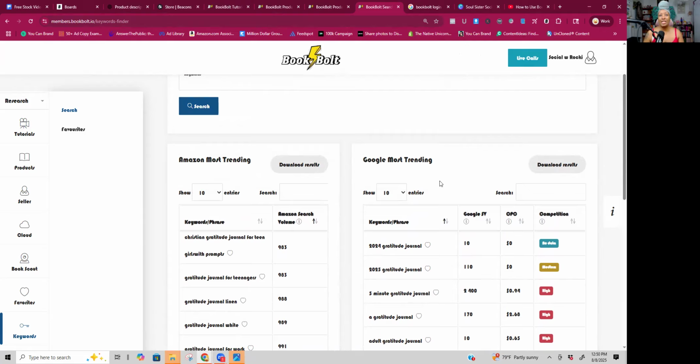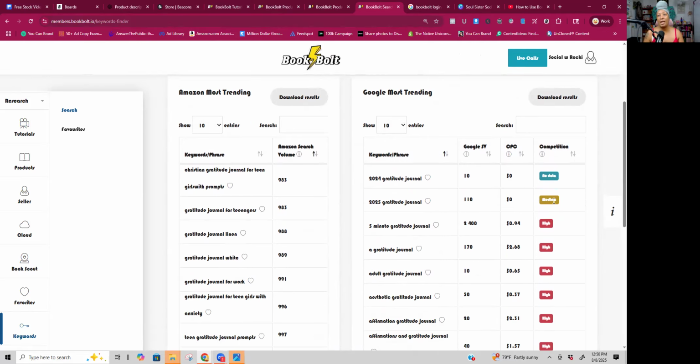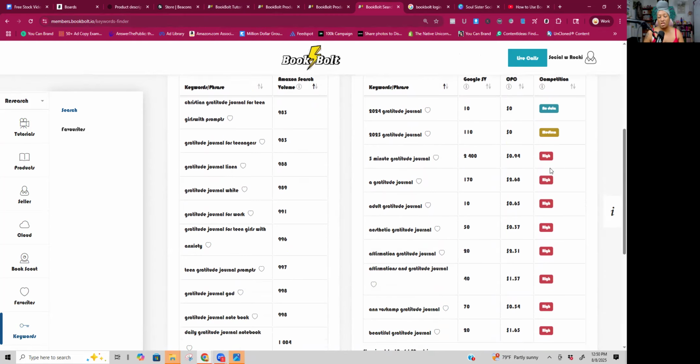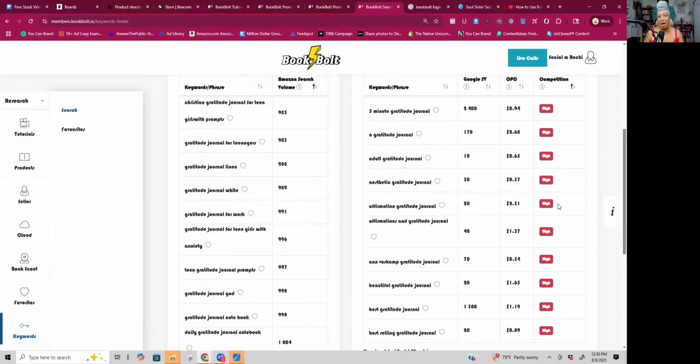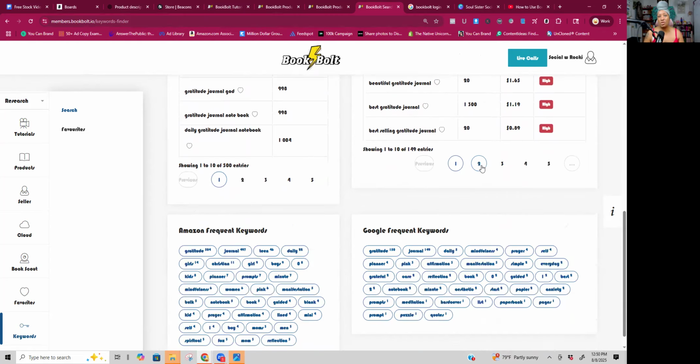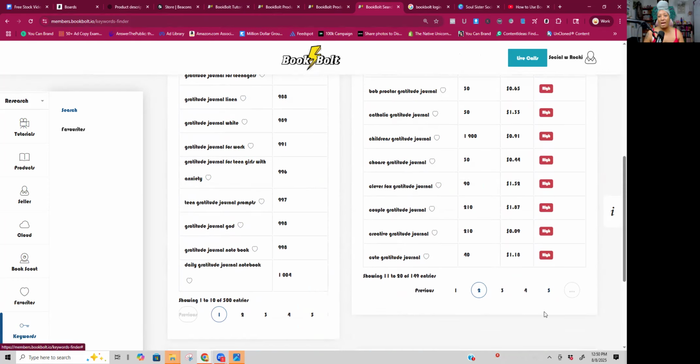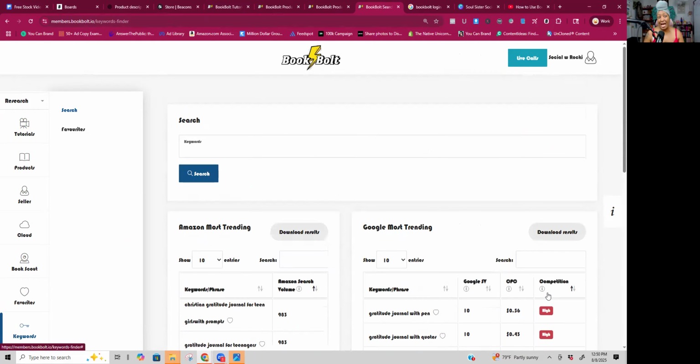Now, my favorite is the Google trending on the right-hand side: no competition, medium competition, and high competition. You want to look for something with low competition or medium competition when it comes to the gratitude journal. If I'm going all the way over to 5 to 6 to 7, and everything is high, high, high, high, high, then that means I need to be more specific about my keyword.